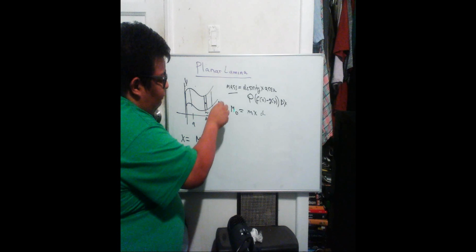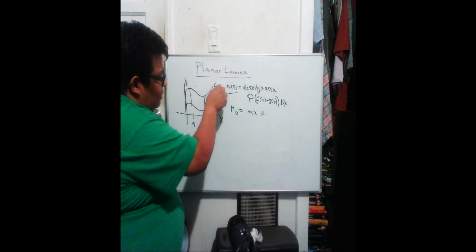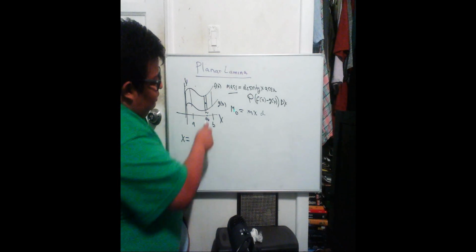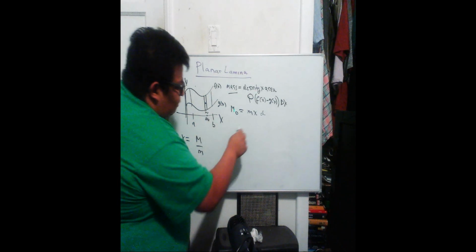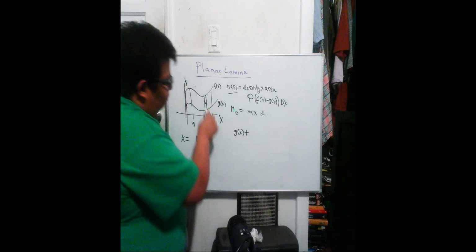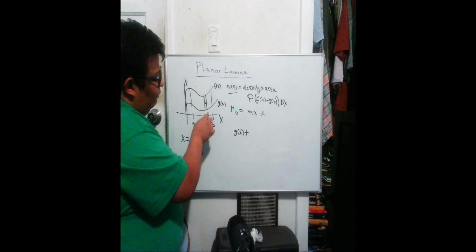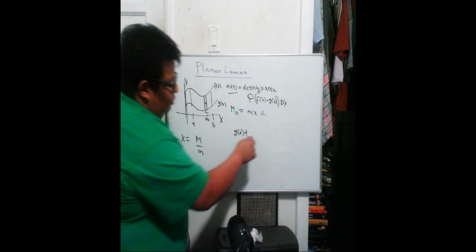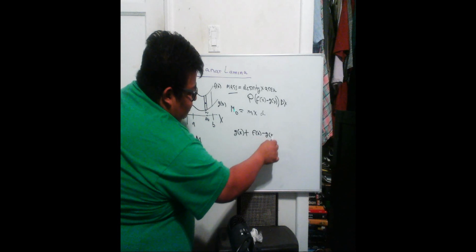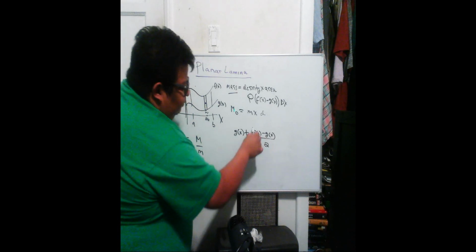If this is g of x and this is f of x, that distance from here to here is what? g of x, and then we add to it the distance from here to here. How would I find the distance from here to here? We do f of x minus g of x divided by 2.